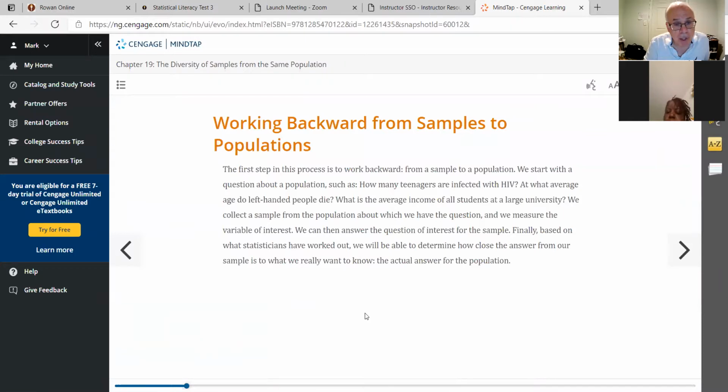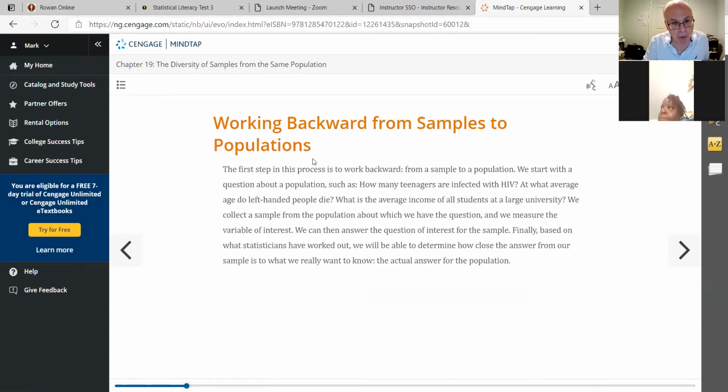But one of the things they do talk about is this idea of inference. Inference meaning going from the sample, getting sample information and saying something about the population. That's what we do for confidence intervals, because we're taking the sample mean or sample proportion, and we're estimating the population mean or population proportion.